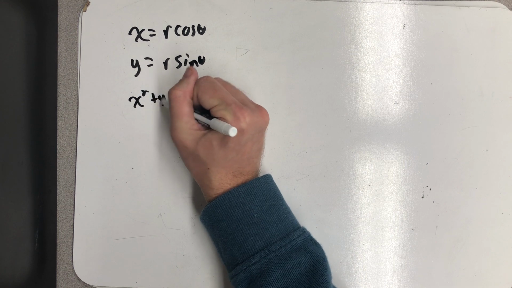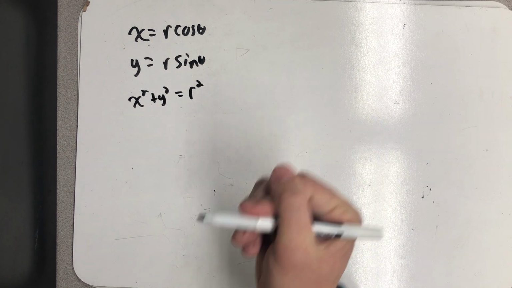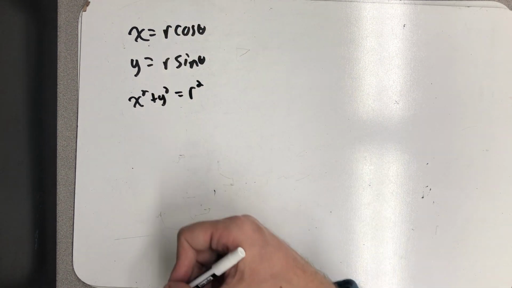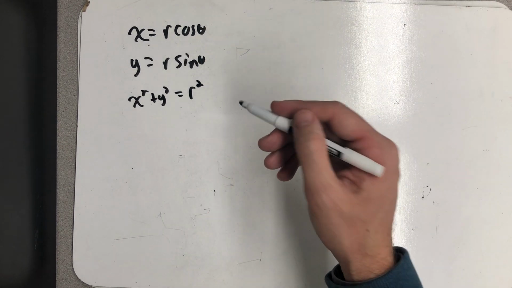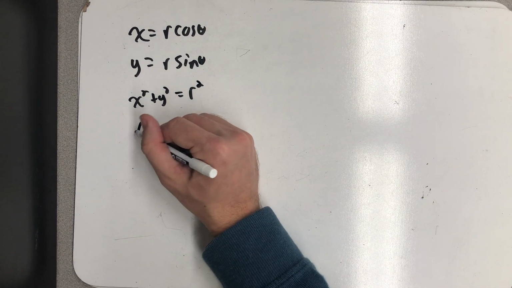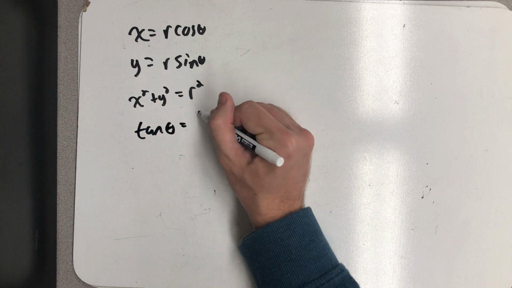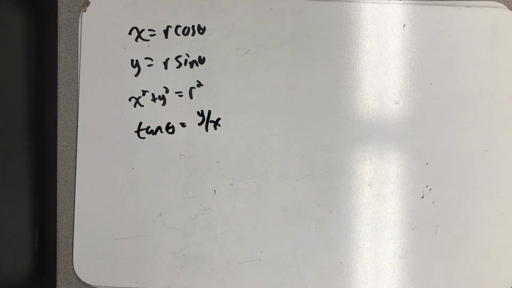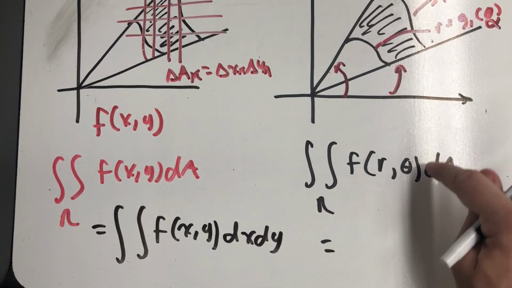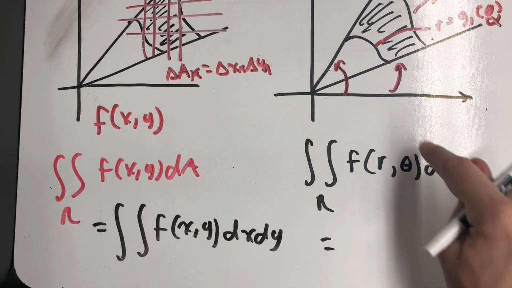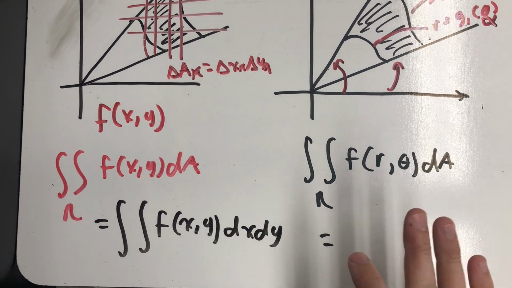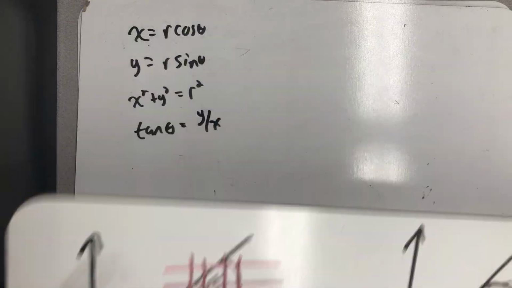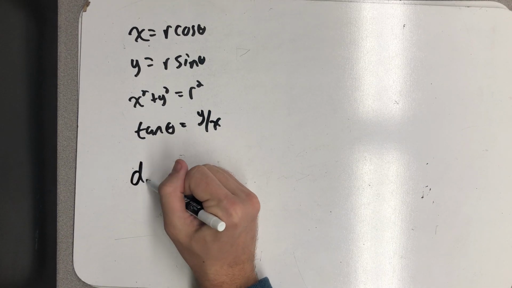I'm going to add in two more relationships here that might be useful: x equals r cosine theta, y equals r sine theta, x squared plus y squared equals r squared, and tangent of theta equals y over x. I could use any of those things to rewrite any kind of equation given in rectangular coordinates as a polar coordinate function. I just need to figure out what to do with the dA.